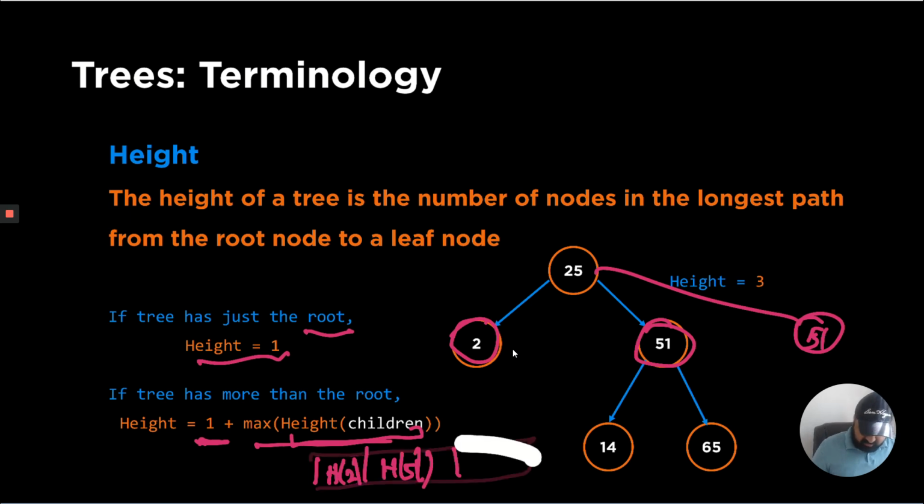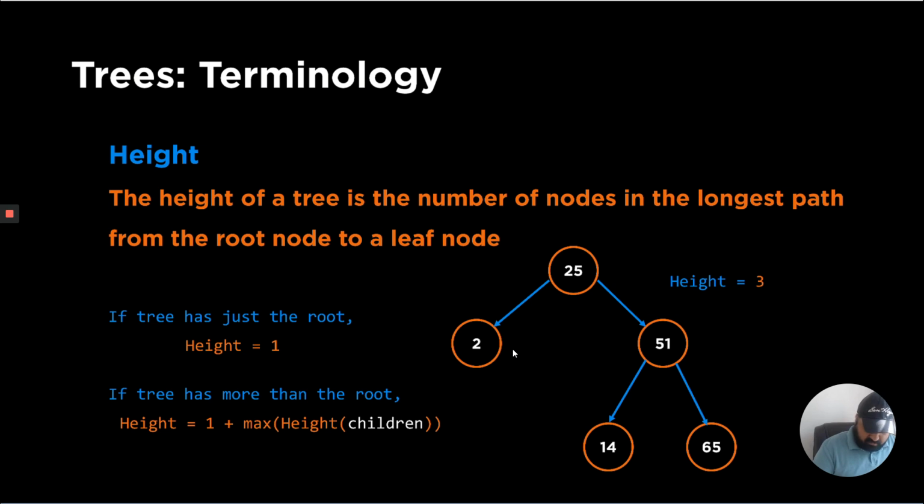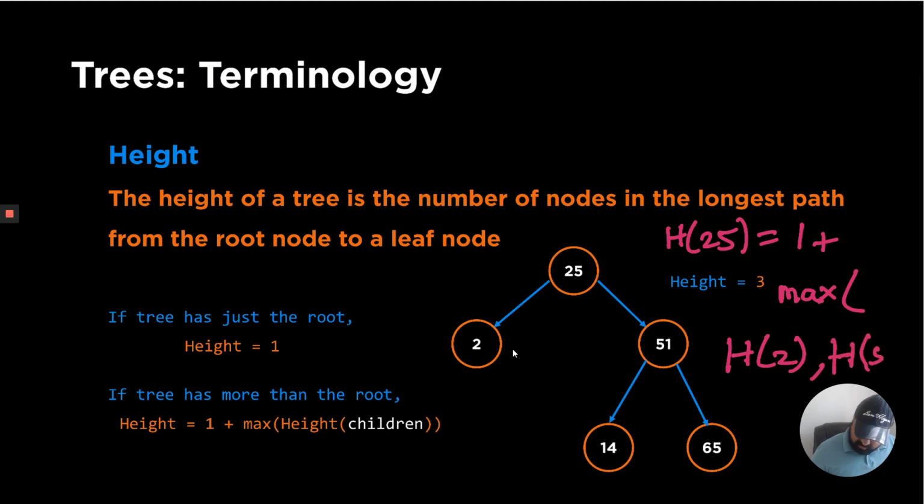I'm going to erase and maybe do it more cleanly. So basically, we have height of 25 is equal to 1 plus the maximum of height of 2 comma height of 51.